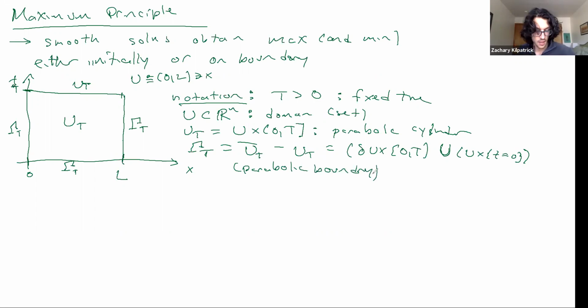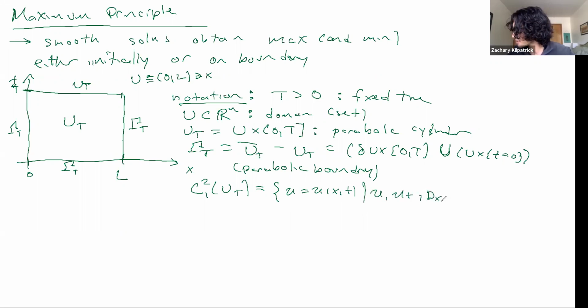So what does the maximum principle say? Well, in particular, if u lives in this set, which is the functions once continuously differentiable in time, and twice continuously differentiable in space, and this can be a mixed partial, right?